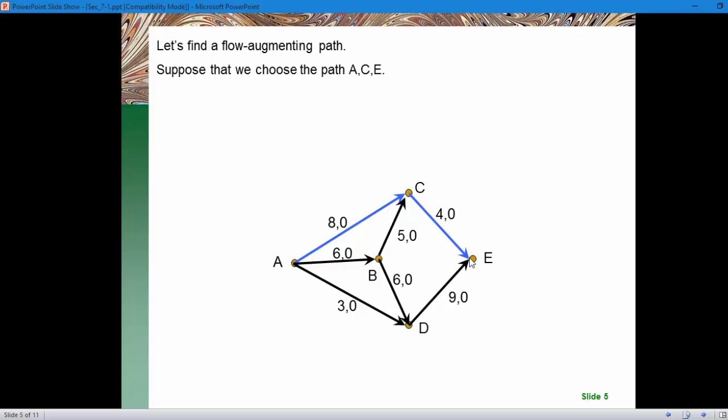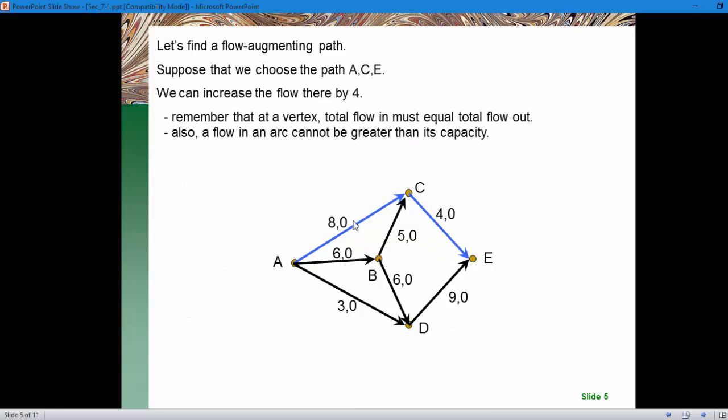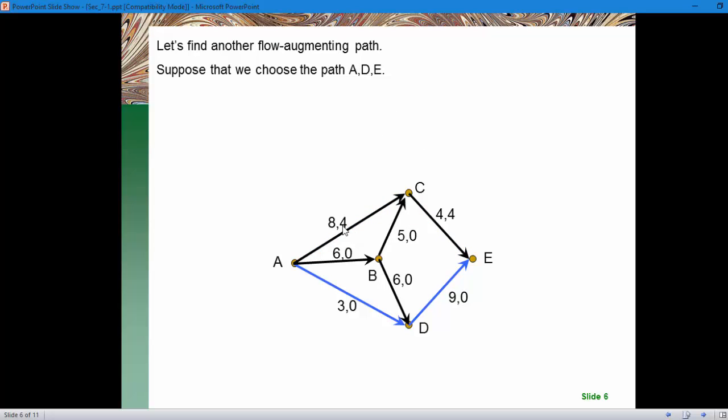So along the entire path, we can only increase 4 units maximum. Because if we increase 5, we should be able to bring 5 units from A to C, but not from C to E. So we are limited to only 4 units. We can increase the flow along this path by 4. If we do that, then the flow here will be 4, and the flow here will also be 4. So we are able to increase the flow from the source to the sink by 4 units.